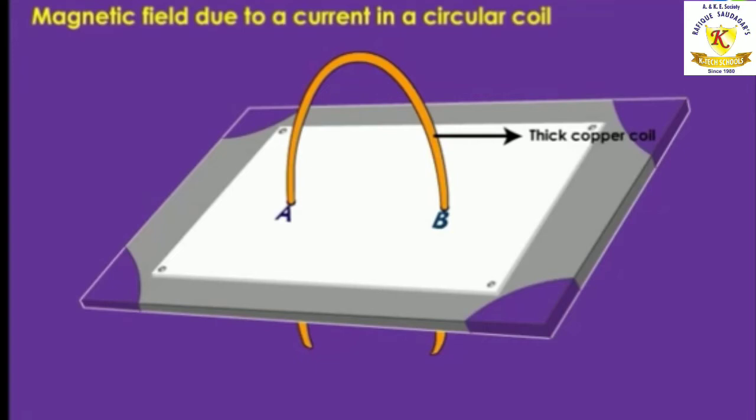Connect the ends of the copper coil to a dry cell through a switch and a variable resistance. Close the circuit and plot magnetic lines of force with the help of a plotting needle. Okay, now let's see what happens.